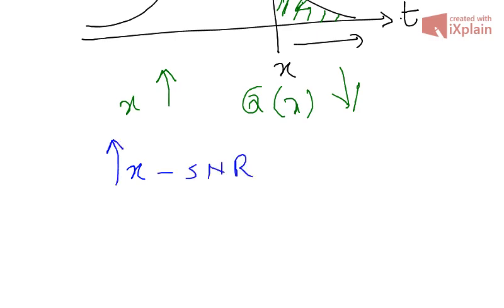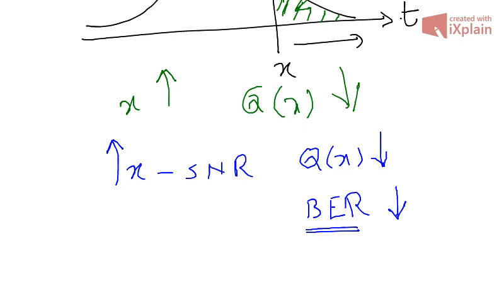So when your x is higher, meaning your SNR is greater, your Q(x), which usually refers to the bit error rate, is lower. Higher SNR means a strong signal at the receiver, so you would expect a lower error rate.